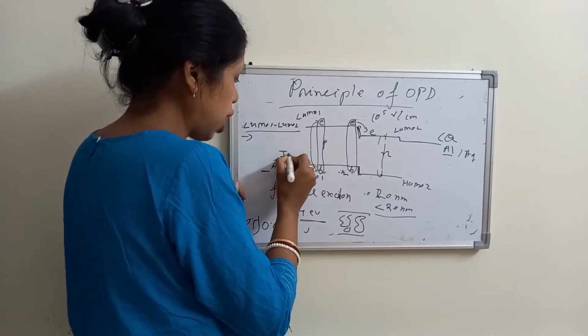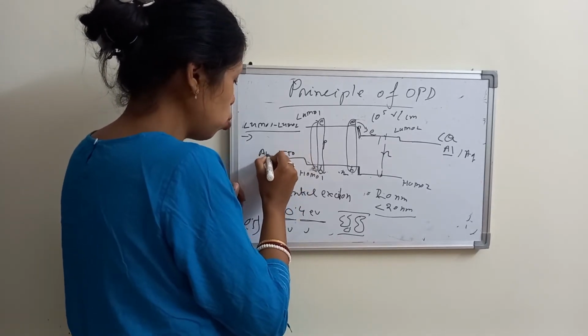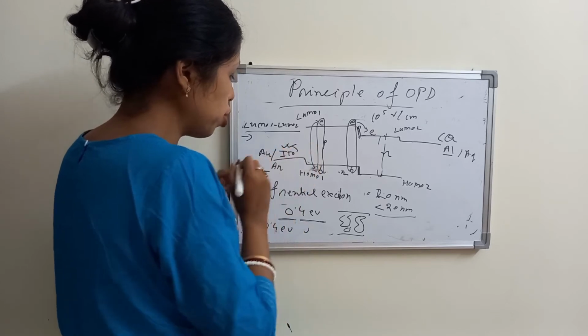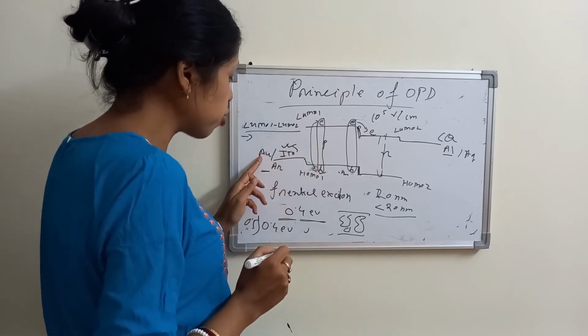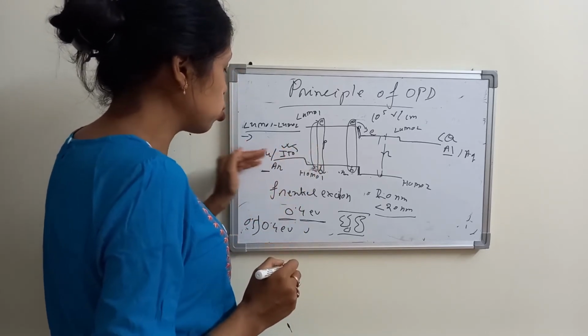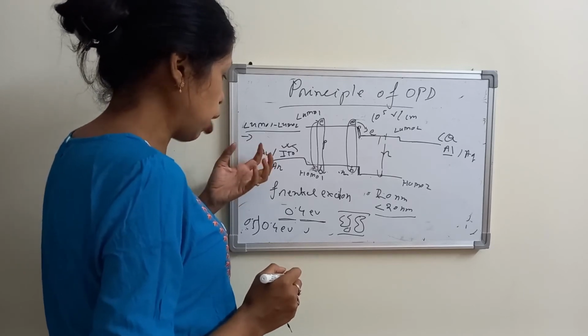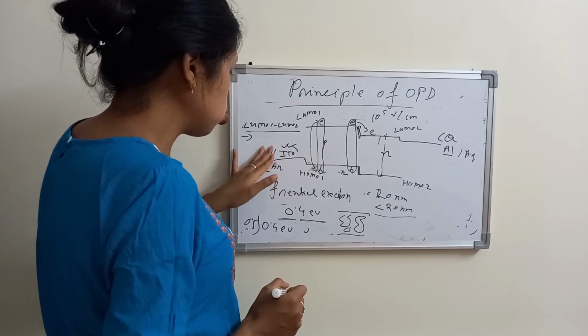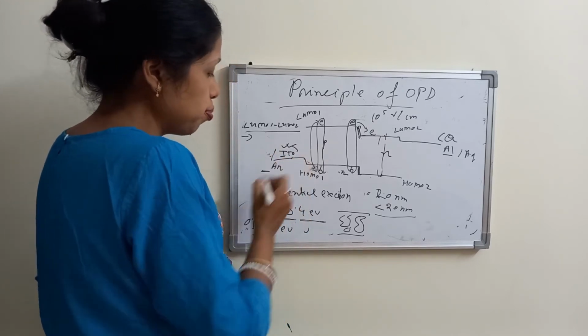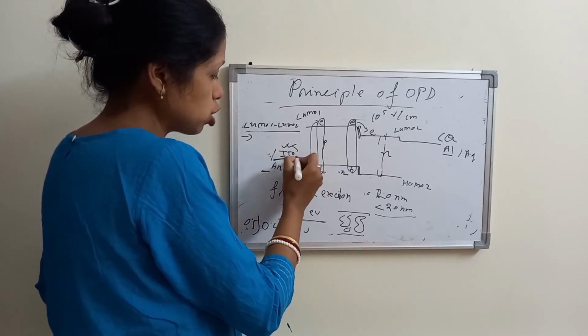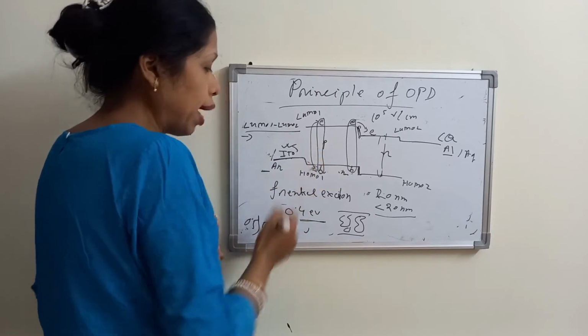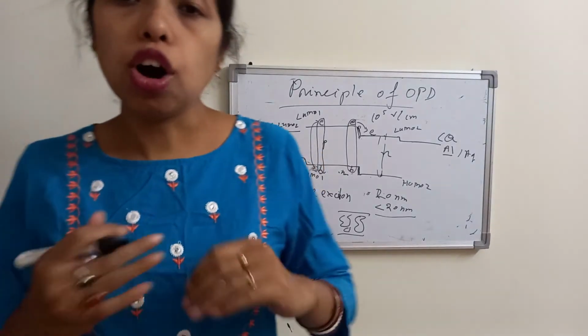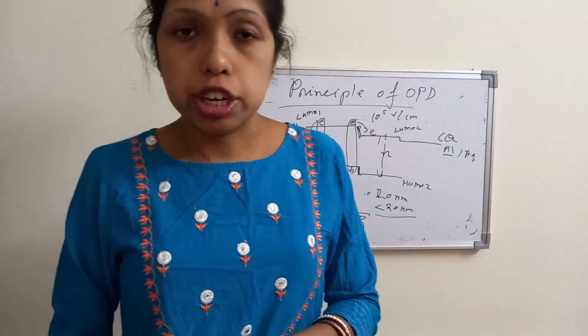So we have to use ITO or gold, but ITO is preferable because it is more transparent. Gold is not transparent. If light falls on the gold, the photons will be absorbed by the gold. So it is better to choose ITO, right? The work function of ITO is also matched with the HOMO level of all types of p-type semiconductors.